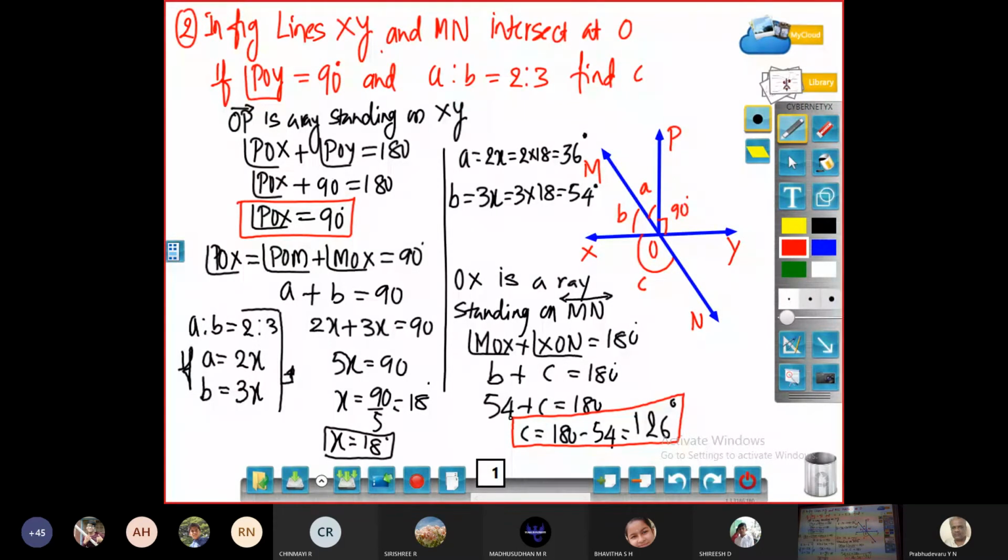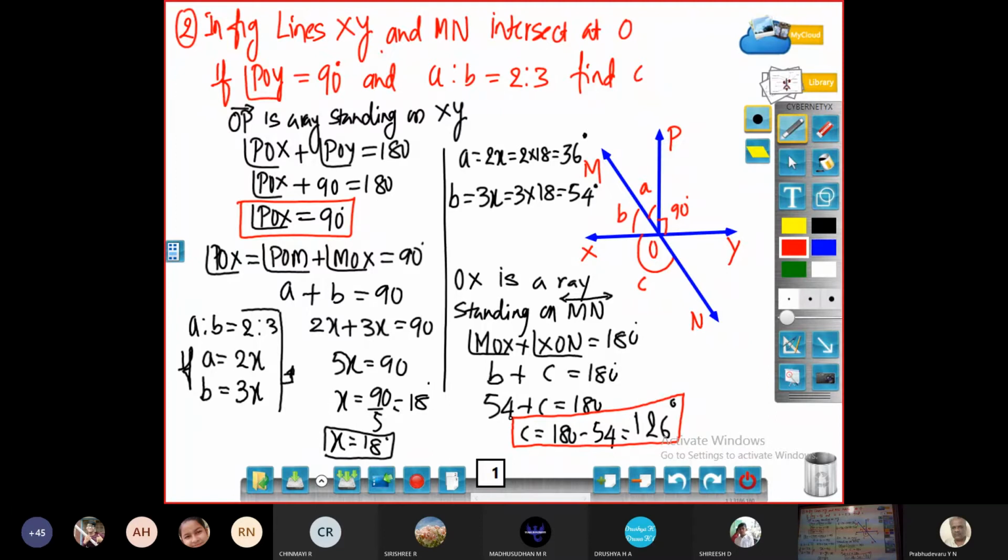Sir, we can get it also by vertically opposite angles, no, sir? Which one? Sir, that angle MOY and angle XON, we can get it by vertically opposite angles. Yes. For that, to get MOY, add A and 90 degrees. 90 plus 36 degrees, it is 126.